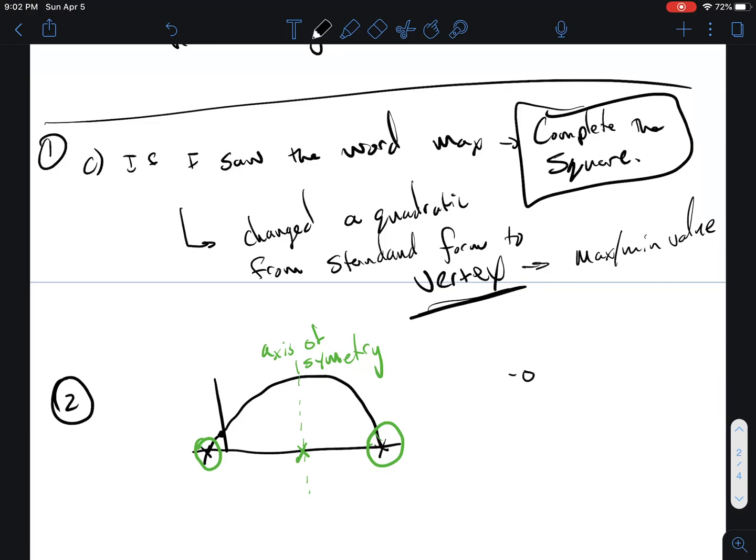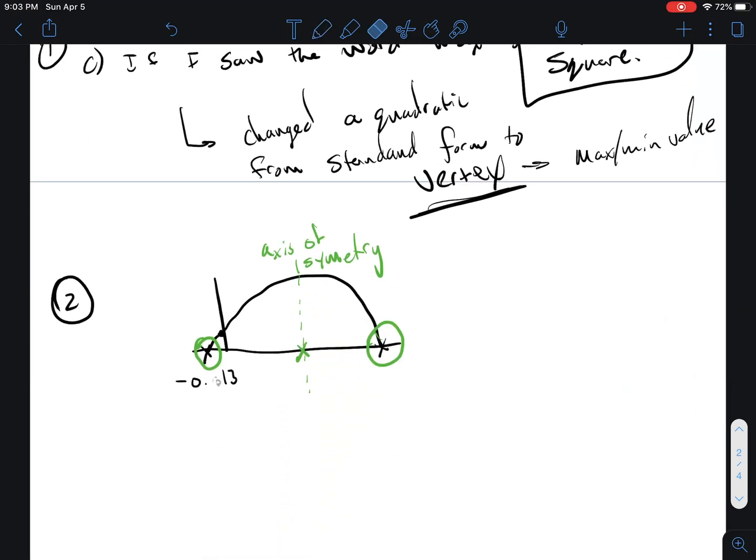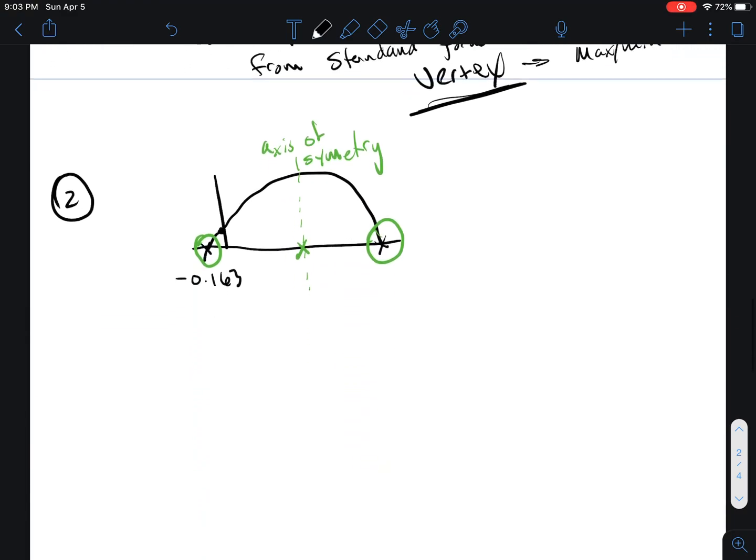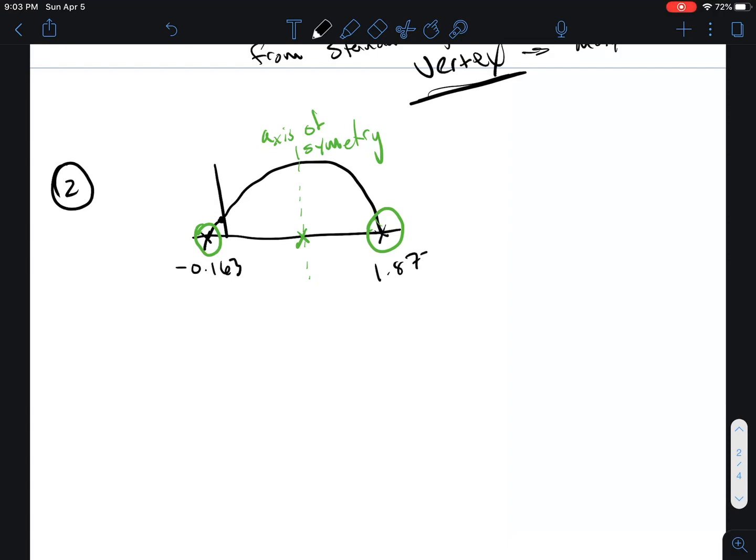Turns out that the one on the left would have been -0.163, and then over here we found the value to be 1.877 seconds, right?